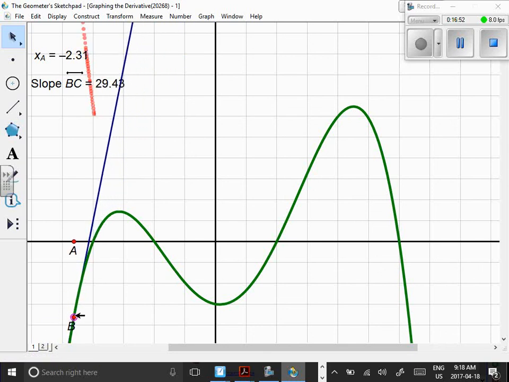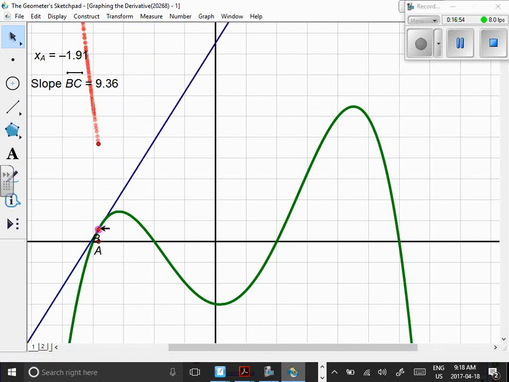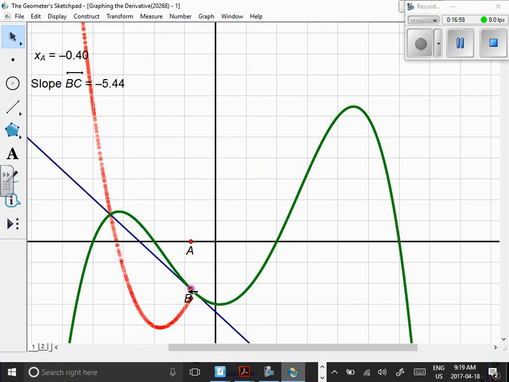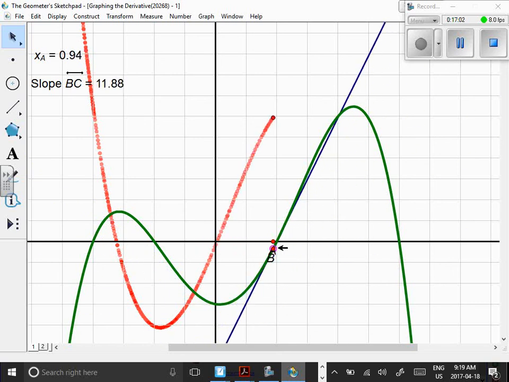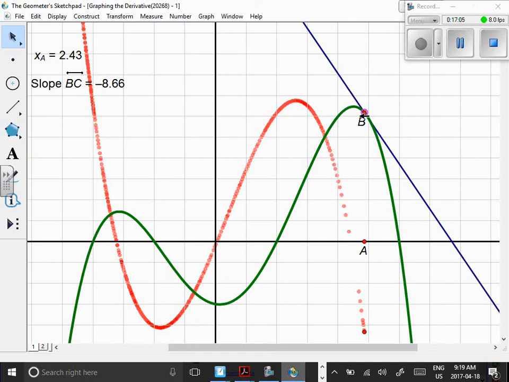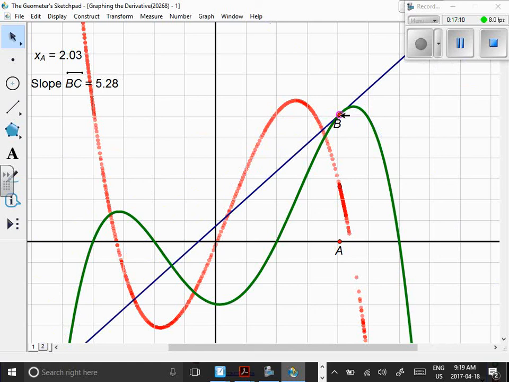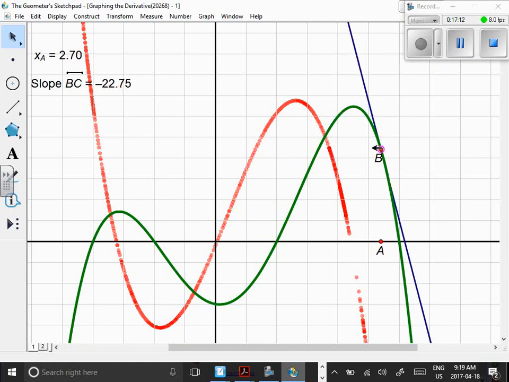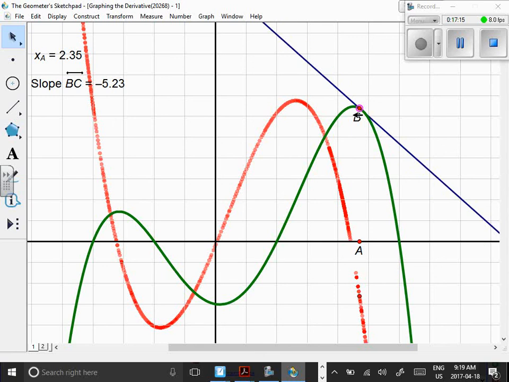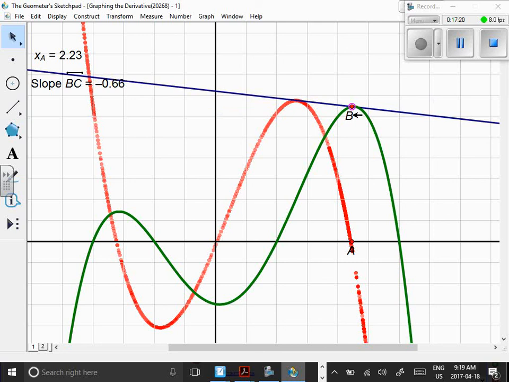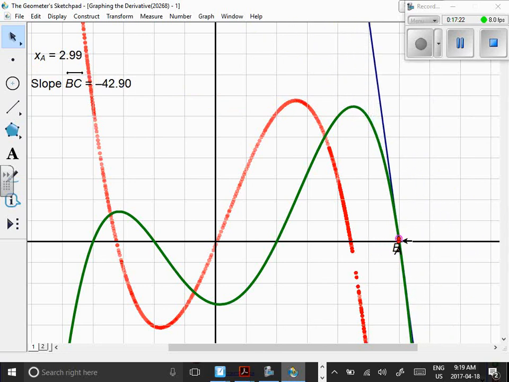I'll bring it back here, and as the point moves along the function, you can see this tracing out. I just want to go slower in here and get more dots. It just goes so quick right there. Okay, so you get the idea. That red curve now is the derivative.